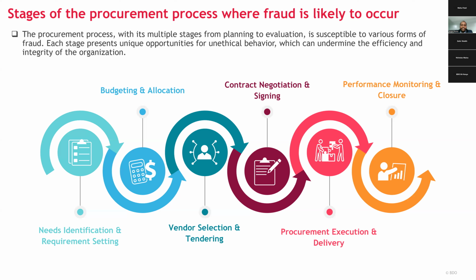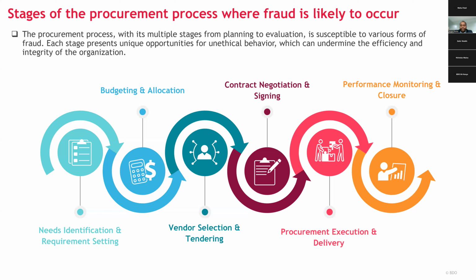Each stage presents a unique opportunity for unethical behavior, undermining the efficiency and the integrity of the organization. Let's start with the very first stage, which we'll summarize as needs identification and requirement setting. Obviously, these are different across different nonprofit organizations, but these stages are usually the same.